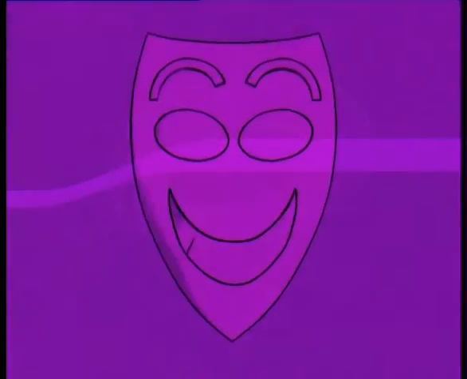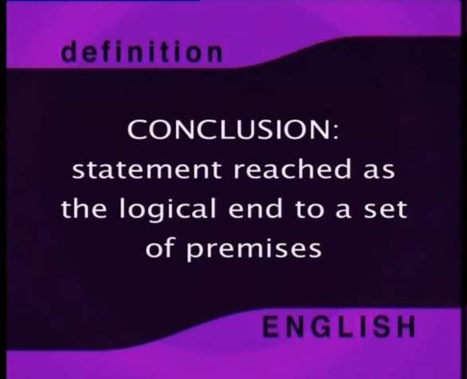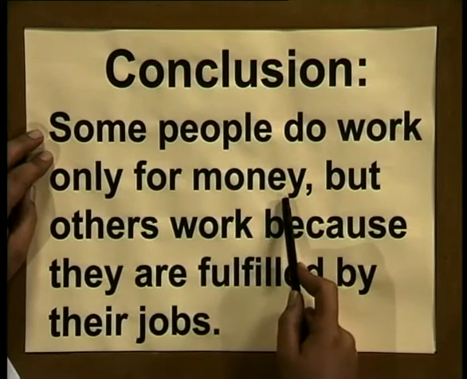Now, the next important definition is that of the conclusion. A conclusion is the statement reached as the logical end of a set of premises. So let's think about our example. Effectively, I argued that people do work only for money.